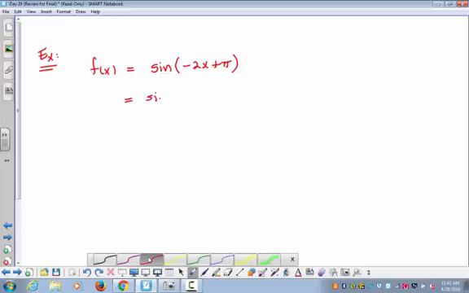No matter what, you would first factor out the negative 2. You already know that you have to factor out the leading coefficient. So that would be your first step.